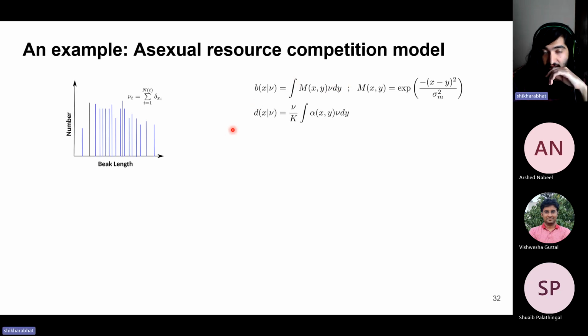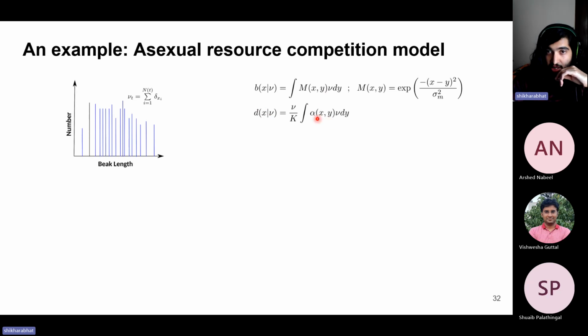For death rate, I assume that there is some resource competition. In particular, I am going to assume that the death rate of a phenotype x at a point nu is given by the existing density, which is nu, times the integral of alpha times nu, where alpha xy is the effect on the death rate at type x due to individuals of type y.